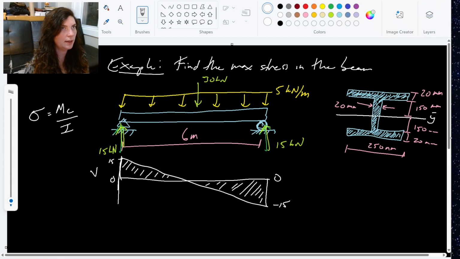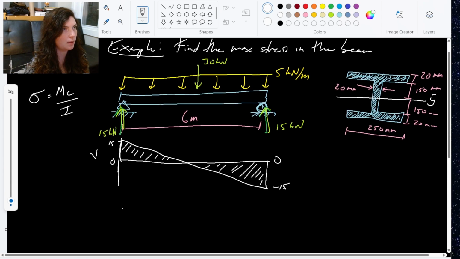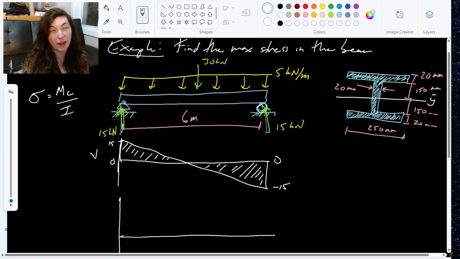But more importantly, I got to build my moment diagram. So now I already know where the maximum is going to occur. It's going to occur where this shear diagram crossed the x-axis, where it crossed 0.